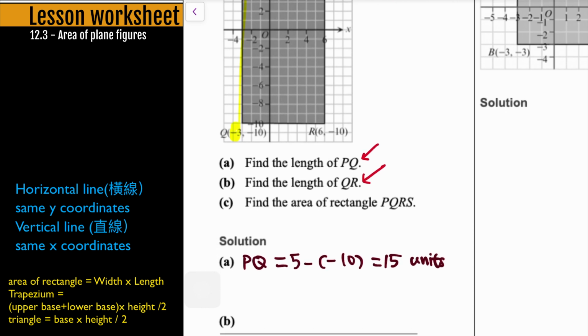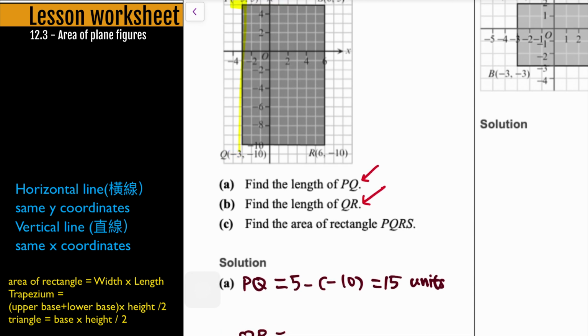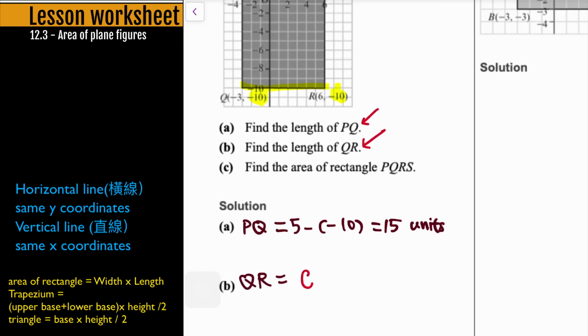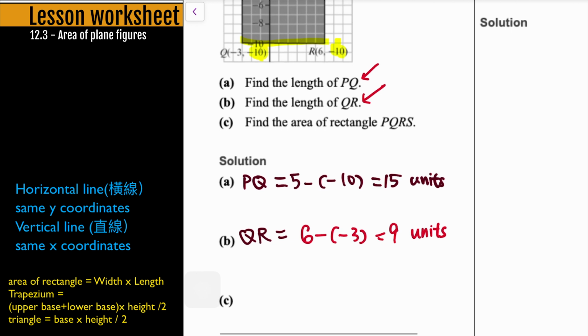And then QR will be this one, and this time you will see that it has the same y coordinate, so it is a horizontal line like this. The length for QR will be 6 minus -3, which is 9 units. The last one is about the area.